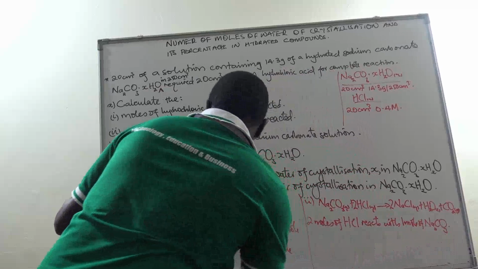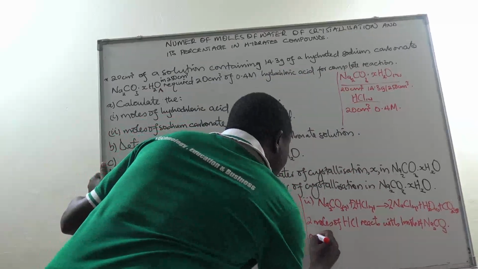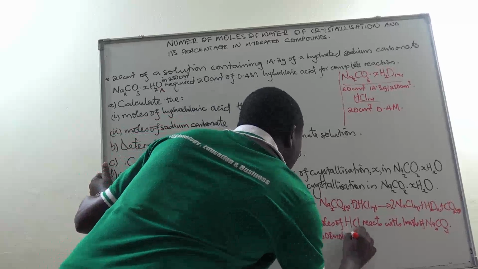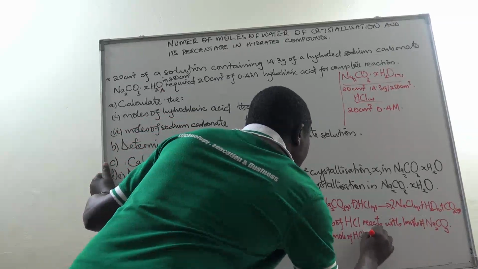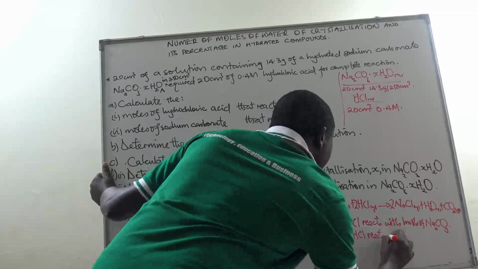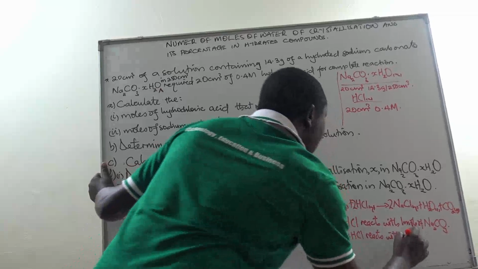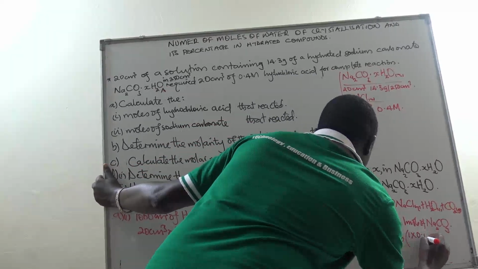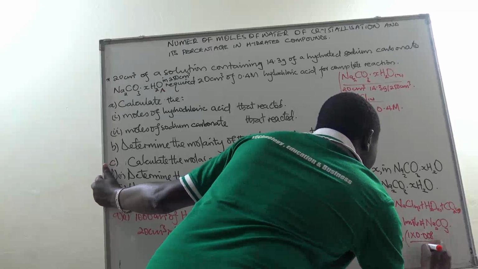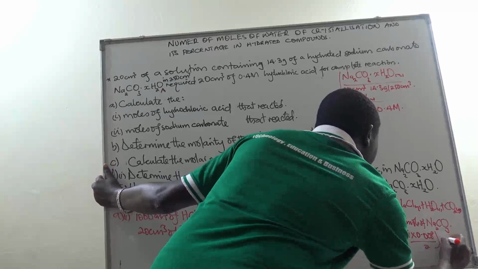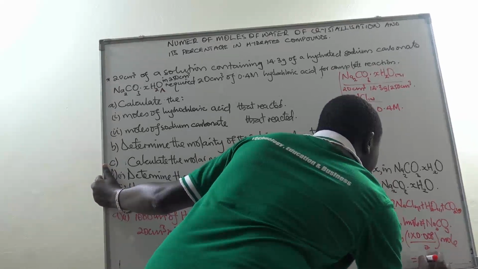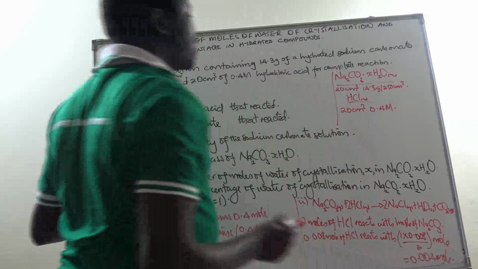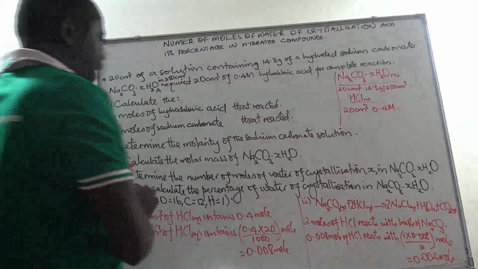Then what of this number of moles here? The 0.008 mole of hydrochloric acid, it reacts with, we cross multiply 1 times 0.008 and we divide by 2 mole of sodium carbonate, and we get 0.004 mole. And that's the number of moles of sodium carbonate that reacted.